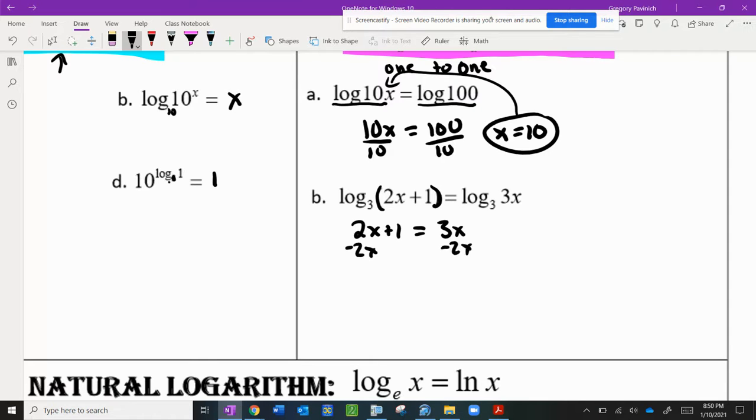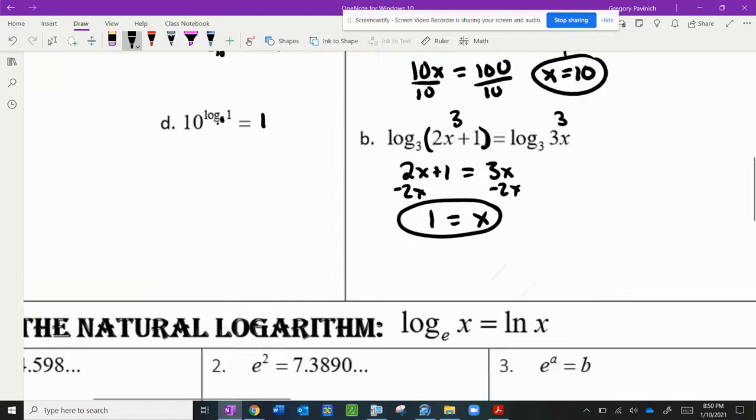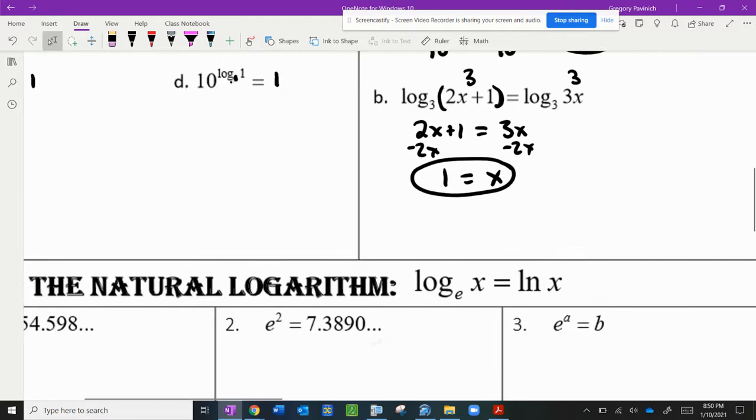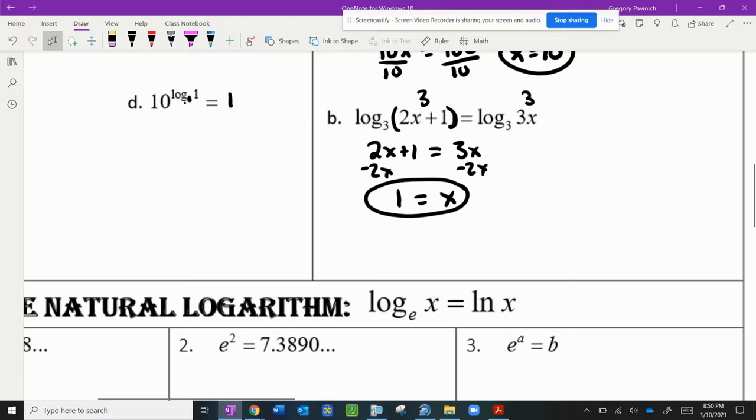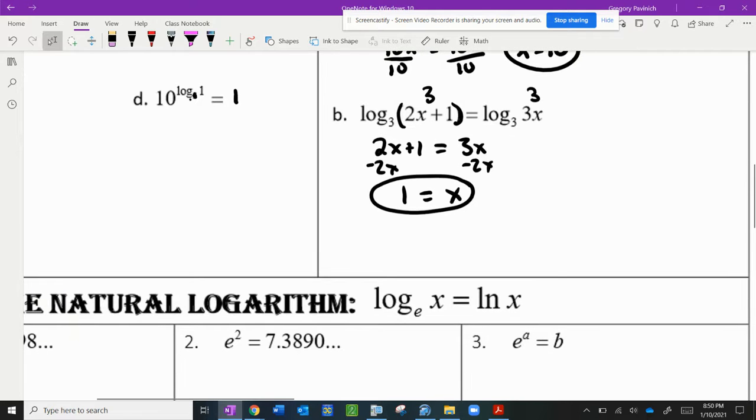I'll subtract 2x, and I get x is equal to 1. If I plug 1 in over here, I get 2 times 1 plus 1 is 3. If I plug 1 in here, I get 3, so I get log base 3 of 3 equal to log base 3 of 3, which using our powers gives 1 equals 1.